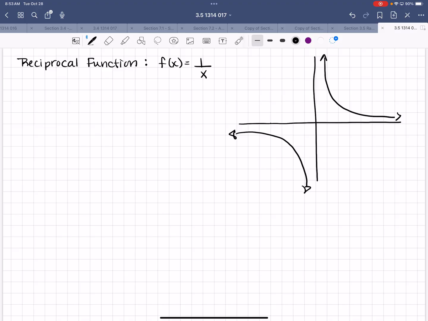But here's what we have when we have 1 over x, okay? So you're going to discover that we actually have what we call horizontal and vertical asymptotes at x equals 0 and y equals 0. So the way we write this, the way we talk about it, is we want to look at what's happening as x approaches 0 from different directions.